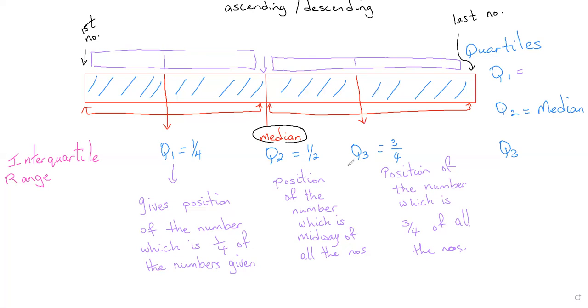Before that midpoint of the second half of the numbers, I would have had 1, 2, 3 parts. So it's actually 3/4 of all the numbers given that we're considering.